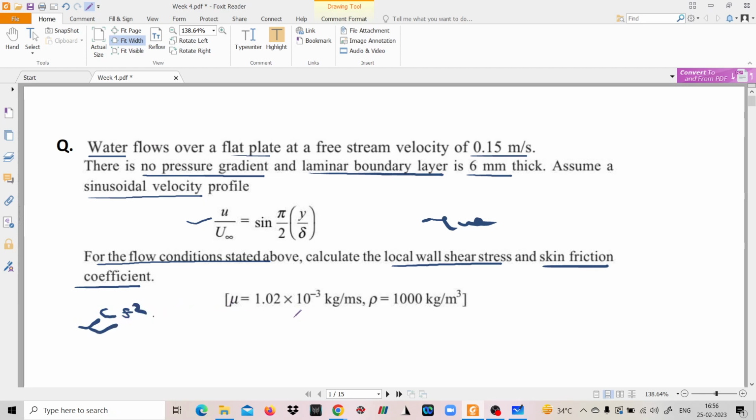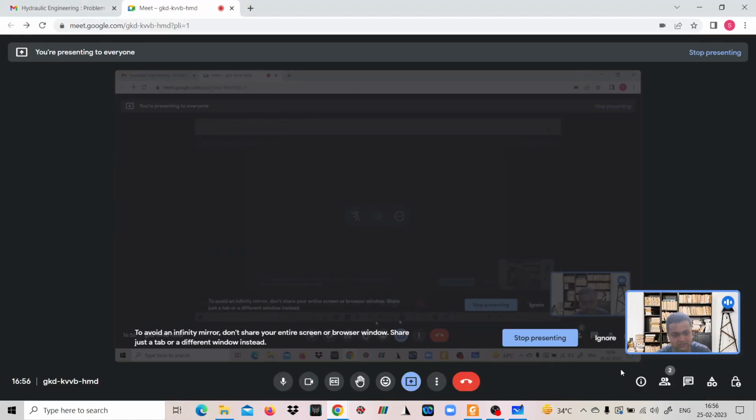The value of mu for water is 1.02 into 10 to the power minus 3 kg per meter second, and the density of water is 1000 kg per meter cube. So please try this problem for some time, and then we'll discuss the solution. If you have obtained some answer, please tell me, or you can also mention in the chat box.